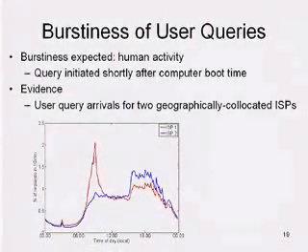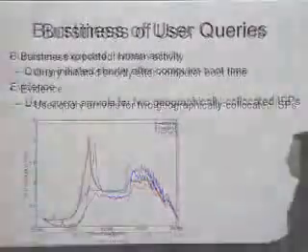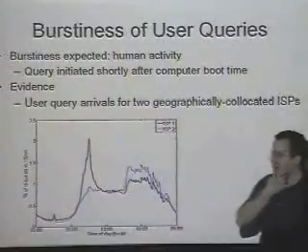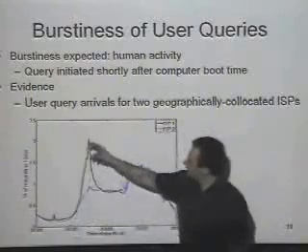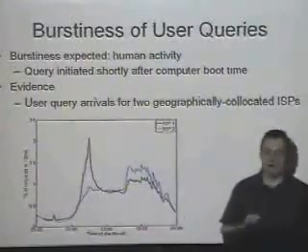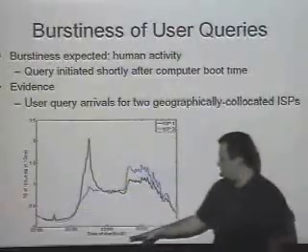Here is another example also exhibiting a time of day effect. These are 2 ISPs in the UK, and this is the number of requests or queries observed in each 10-minute time bin over a day.